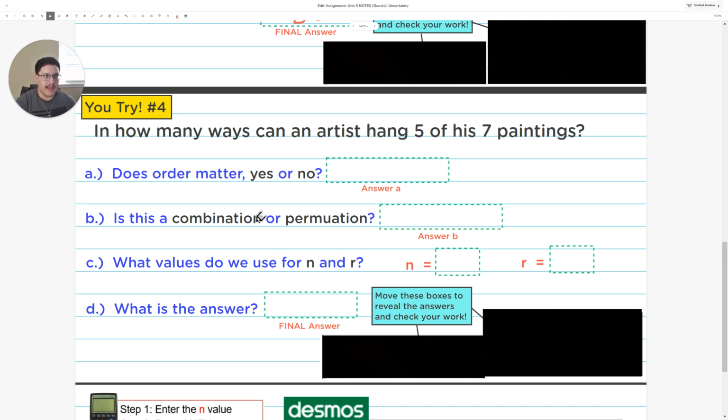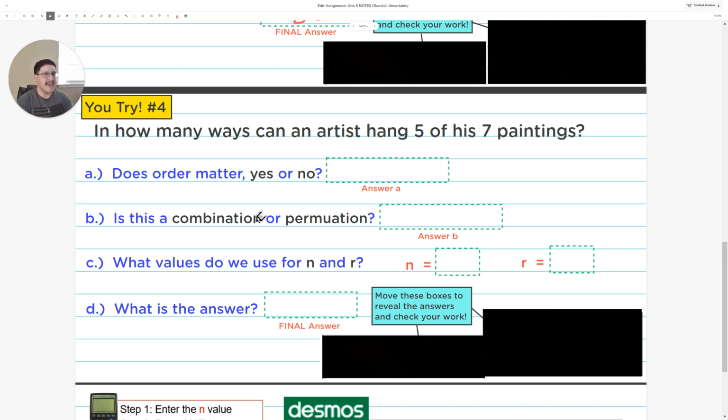Okay. How many ways can an artist hang 5 of his 7 paintings? It doesn't say order does not matter. Okay, if you're hanging 5 of his 7 paintings, here's one painting, here's another, and then another, etc. But then you could also switch the 2 in the middle. You could switch the outsides.